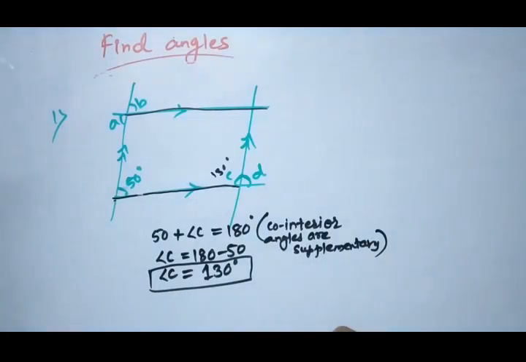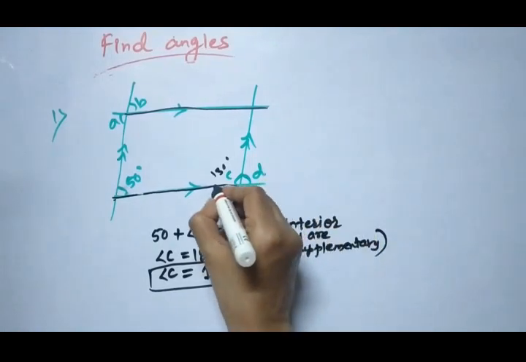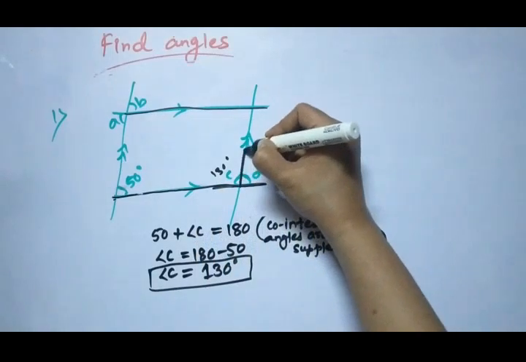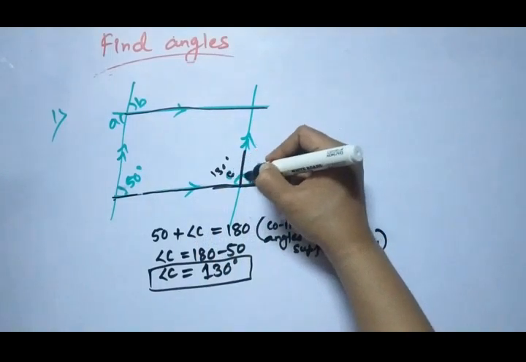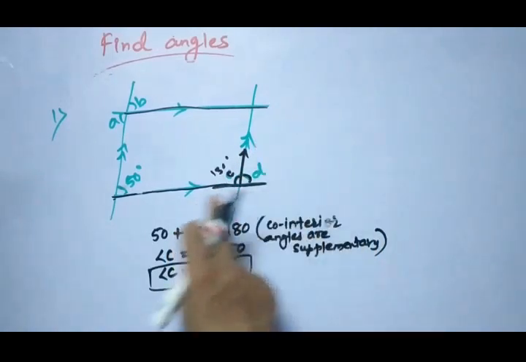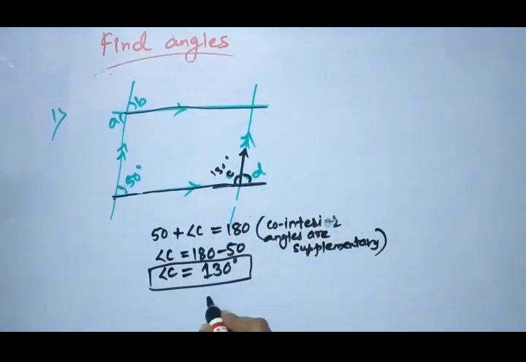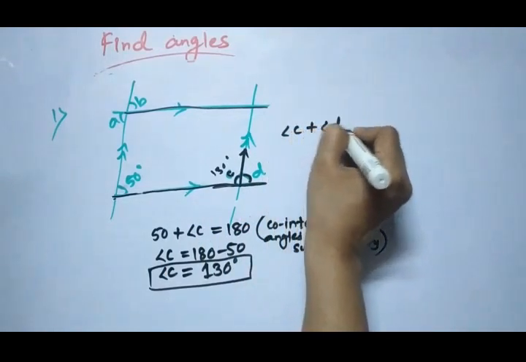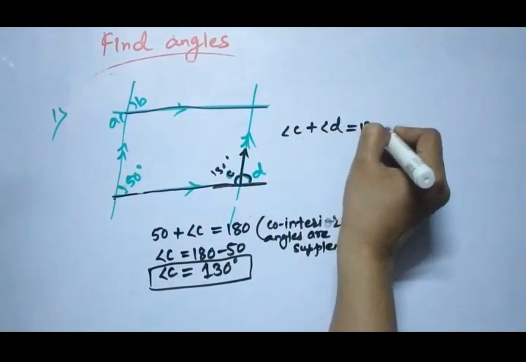Now if you see carefully, again you observe that these are making linear pairs also. This angle C and angle D are making a linear pair here. So friends, you can write down here angle C plus angle D is making 180 degrees.